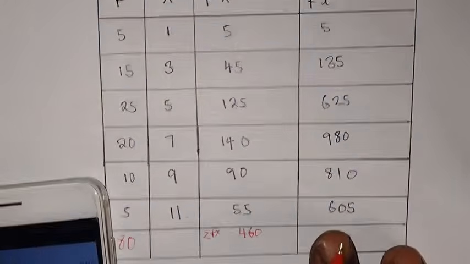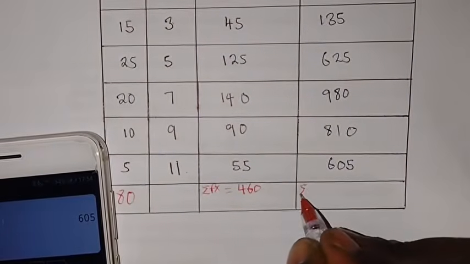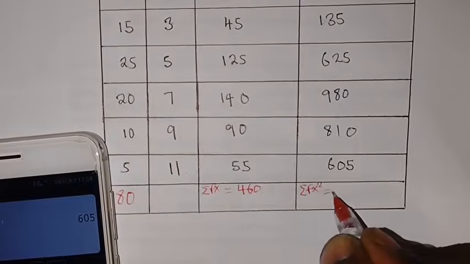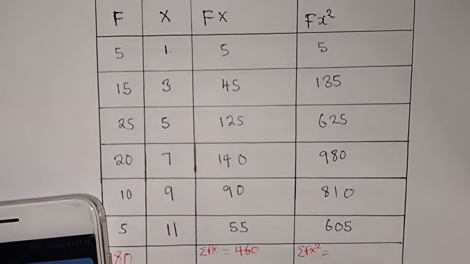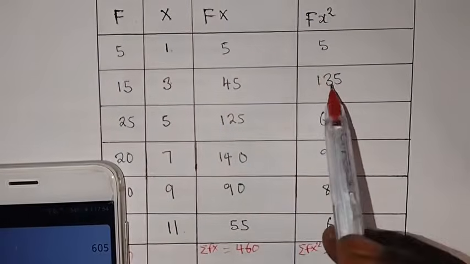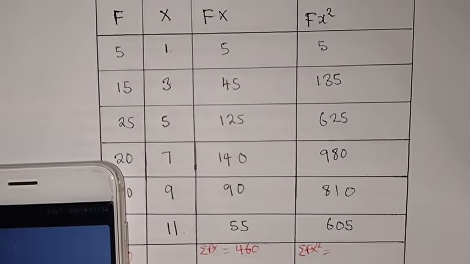So again here we have fx squared. We need to find the summation of fx squared, so we just need to add these values. We know that 5 plus 135 gives us 140.